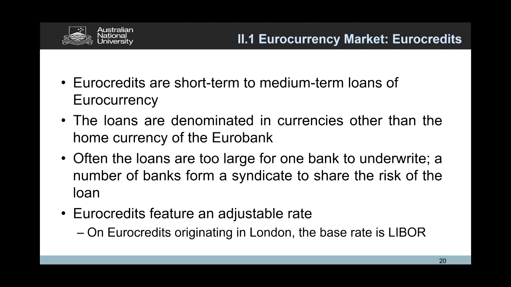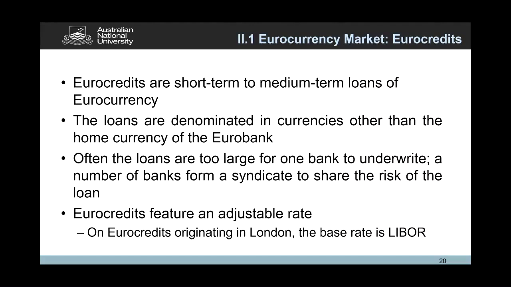Okay, what are some of the different instruments? You have to know what they are in terms of the basic ideas, but they're pretty much just variations on the maturity, on what kind of denominations they are, and so on. So in this case, Euro credits are short-term and medium-term loans of Euro currency.